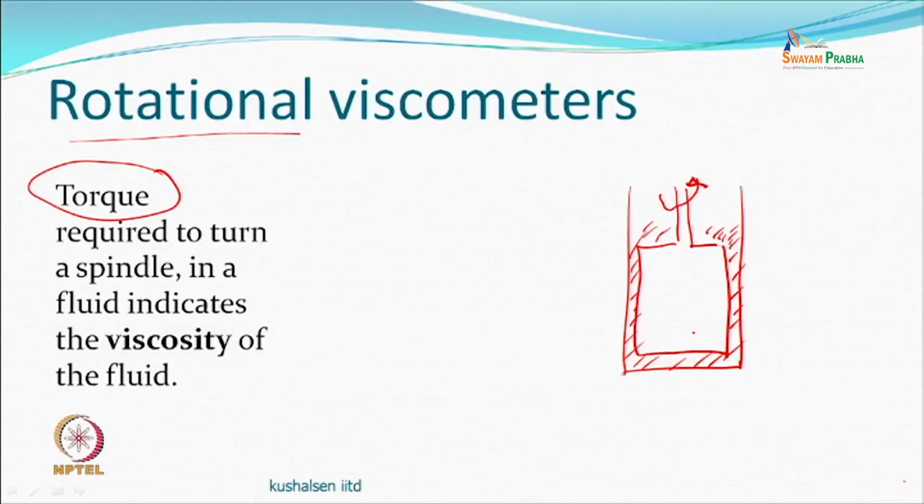Now in this case, the distance between the inner portion of the container and the outer surface of the spindle could be very small or very large.